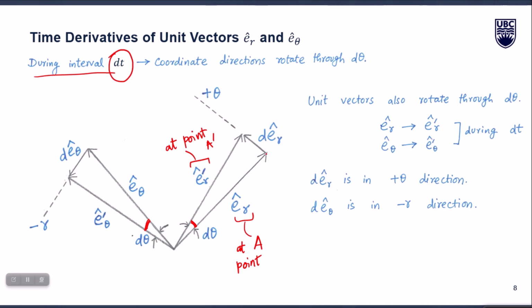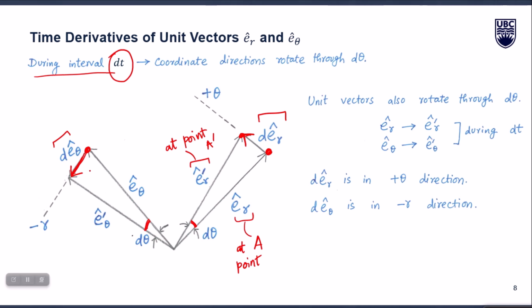If I join the tip of E sub r with E sub r prime, this will be a vector describing the change in E sub r. This change in E sub r is denoted by a vector called dE sub r. Similarly, if I join the tip of E theta with E theta prime, I get a new vector which is the change in E theta during time dt, and I denote it by dE theta with a cap on top.